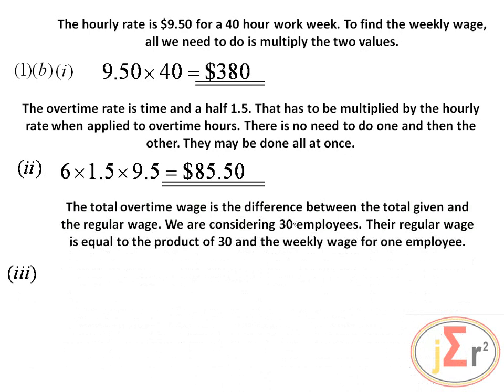The total overtime wage is the difference between the total given and the regular wage. We are considering 30 employees. Their regular wage is equal to the product of 30 and the weekly wage for one employee. So what we have here is a total of $12,084.